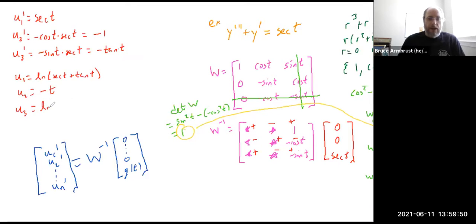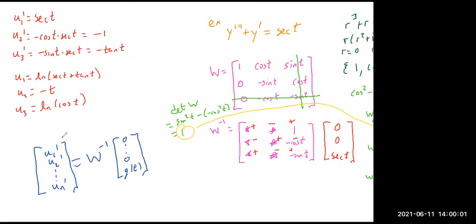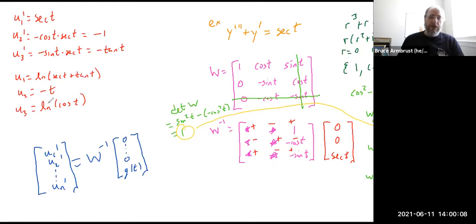You get the natural log of cosine of t. All right, think about differentiating logs. You put what's inside on the bottom. It's chain rule, right? Yeah. Anyway, that's not important. I know you guys can get those integrals somehow.